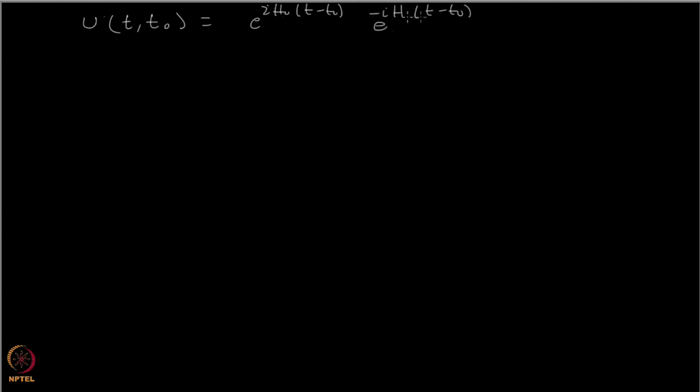You cannot just take this one and put it to the left. These are operators: H naught is made out of field operators, phi's and pi's, and similarly H. If both were H, it would be another thing, but right now they do not commute, because H naught is a different operator from H. So you cannot reverse the order, which you should keep in mind. Anyway, that's the expression for U.